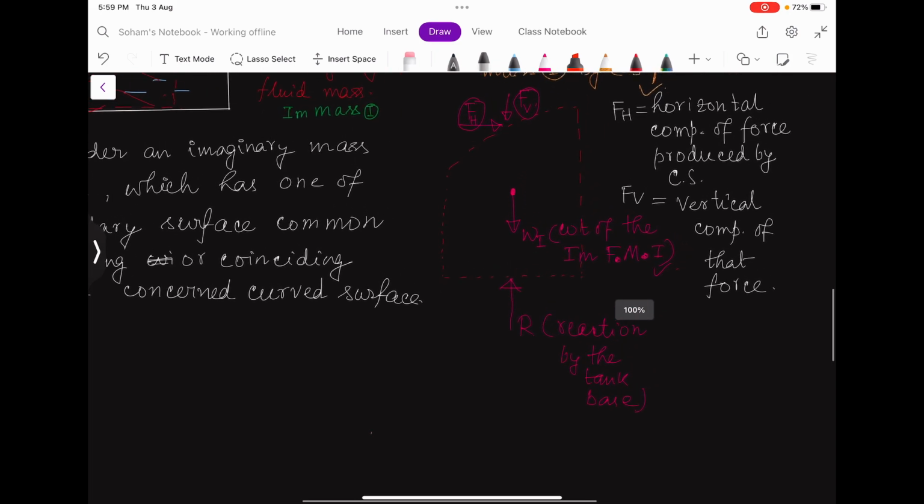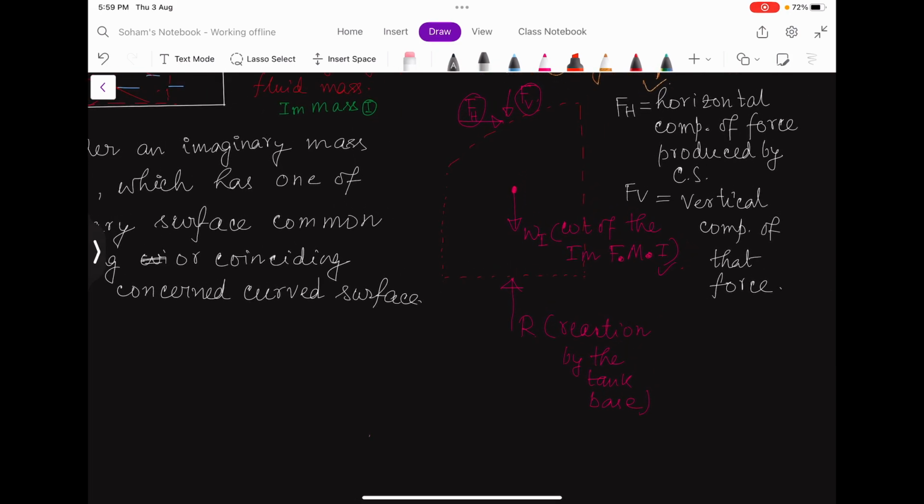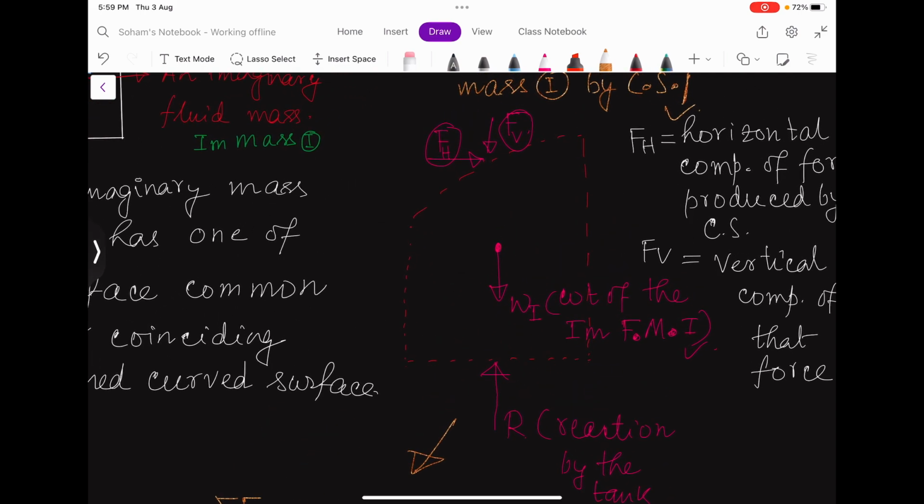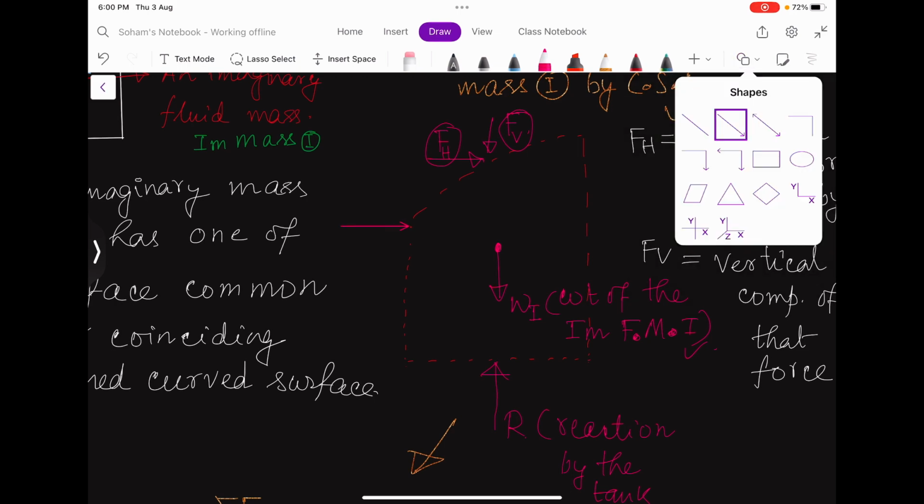Now, considering this diagram, if I apply summation of Fx equal to 0... I have not completed the free body diagram because I will have the pressure forces also, like this, right?